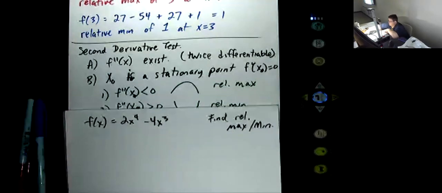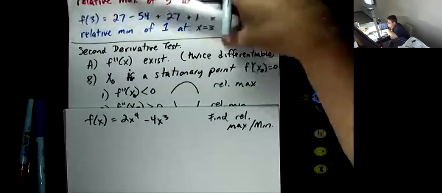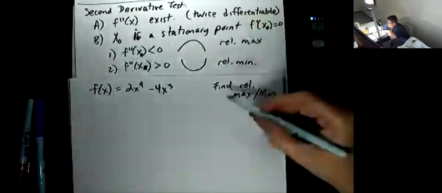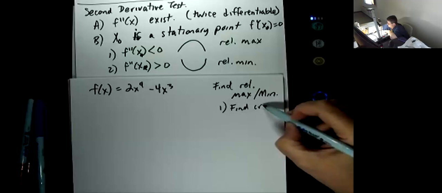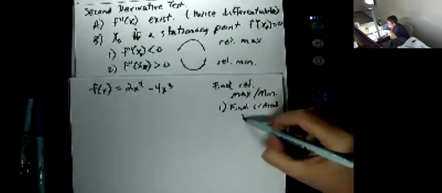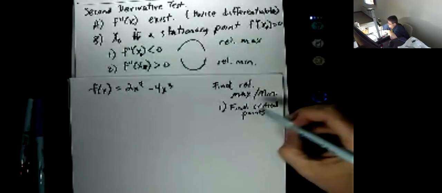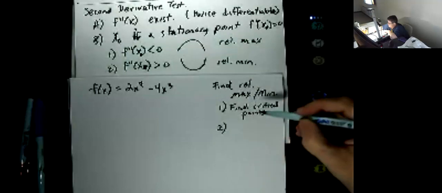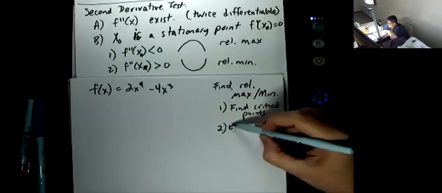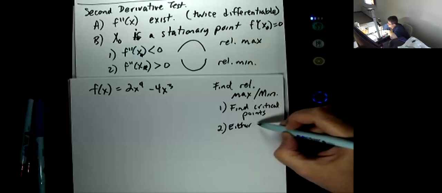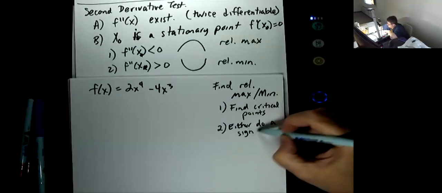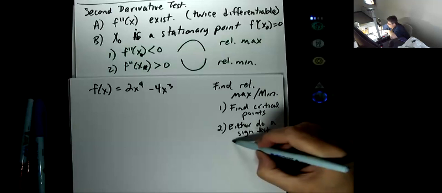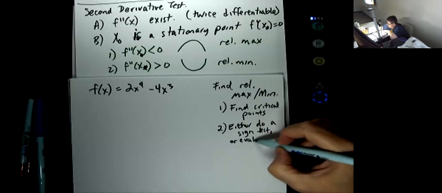Step one, find the critical points. And then step two, either do a sign test, or evaluate in the second derivative.